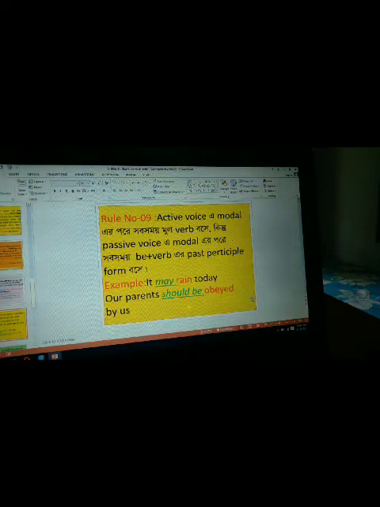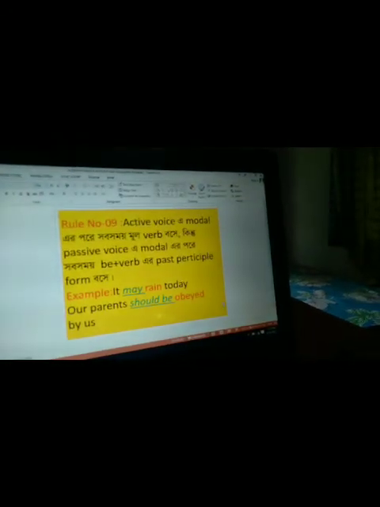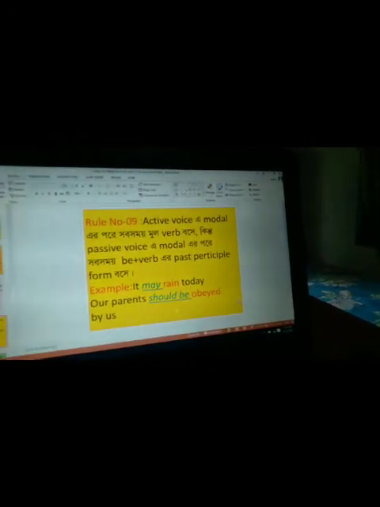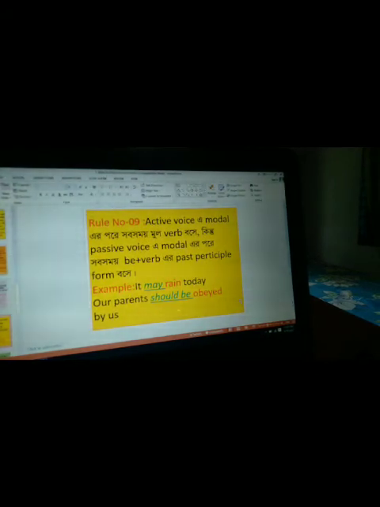If there is any modal like shall, will, should, must, can, would, etc., if it is active voice, we will have to use the base form of the verb after it. As an example, I can say it may rain today. As it is active voice, that's why after may we have used the main form of the verb.